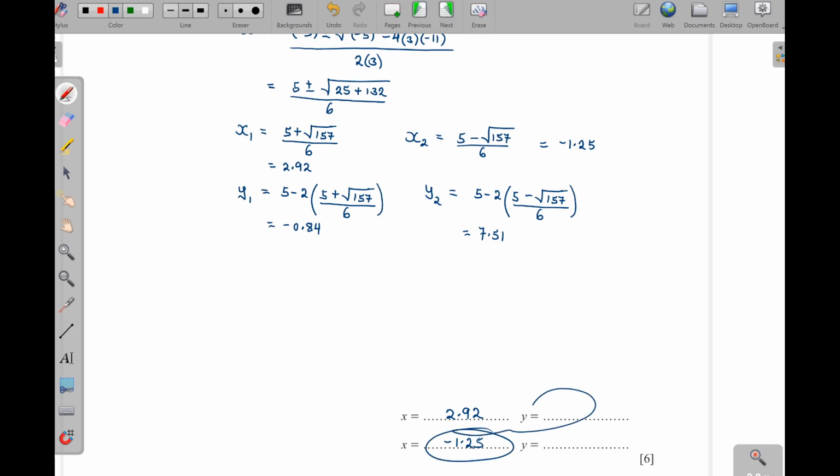Do not write this one here. Okay? Please. Many students mess up here when they're writing these values. Then y, the y value here is the one that corresponds to this value, and that is the one here, which is negative 0.84. And then this one here is 7.51, and that is that.